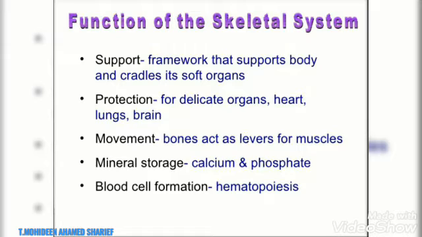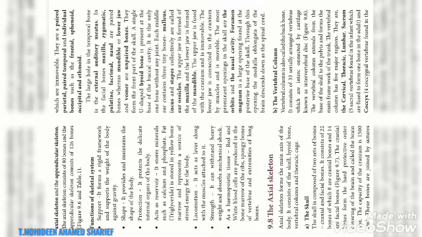Then it acts as a reservoir. It stores minerals such as calcium and phosphate. Fat is stored in yellow bone marrow and represents a source of stored energy for the body. Next, it helps in locomotion. It acts as a lever along with the muscles attached to it. It also gives strength.